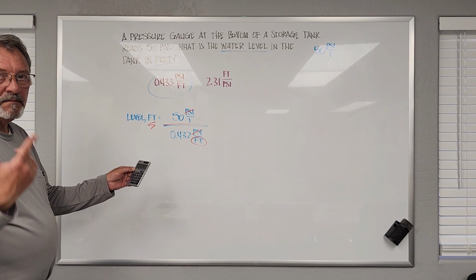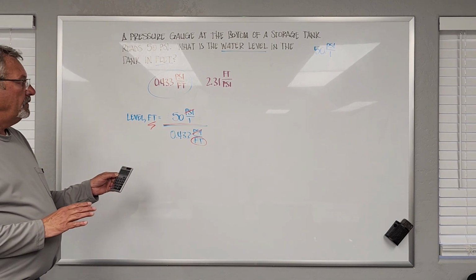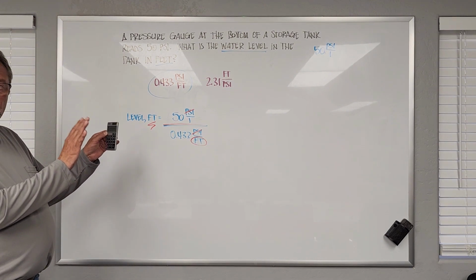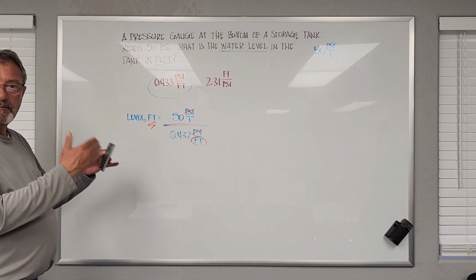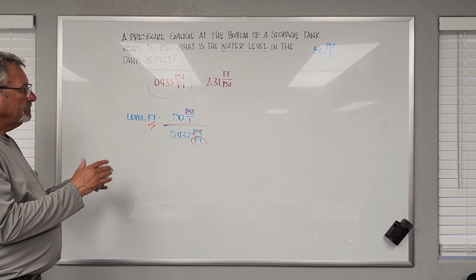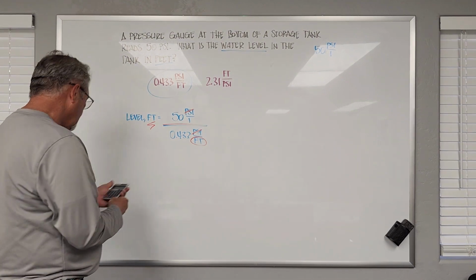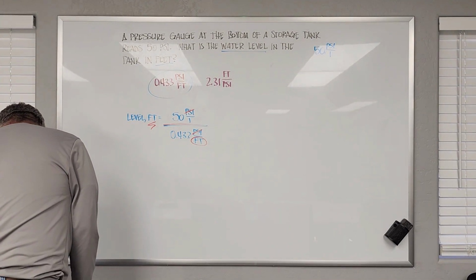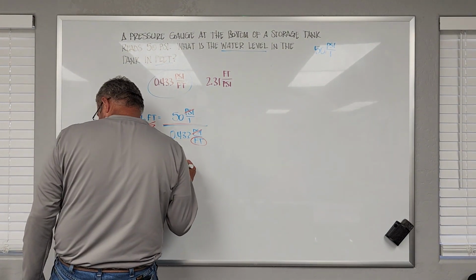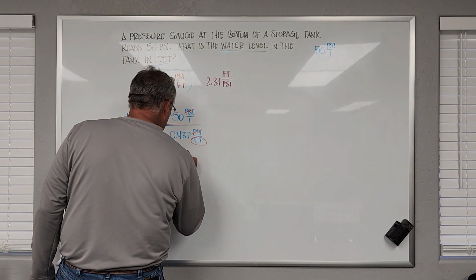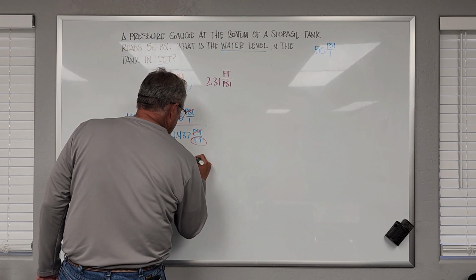See, I'm not the best math student in the world, but when I approach it like this, methodically, same way every time, I can get the answers, right? So the answer, if I round, is going to be about 115 feet.